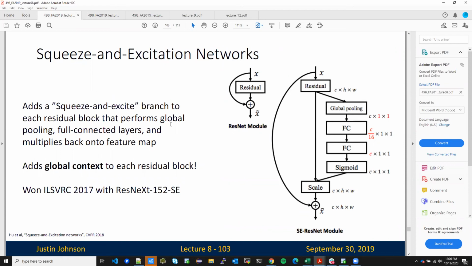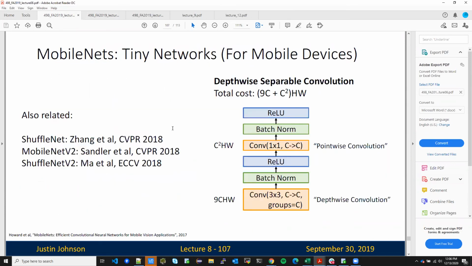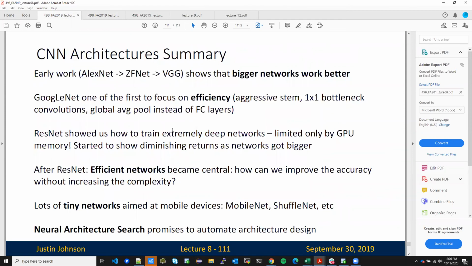The reason I liked his slides a lot was he put it in the historical context. So for example, when we started with AlexNet, then ZFNet, and then VGGNet showed that you got improvements in performance as you got bigger networks.